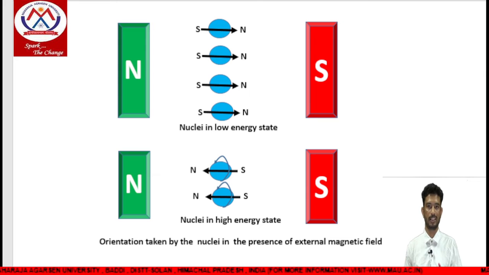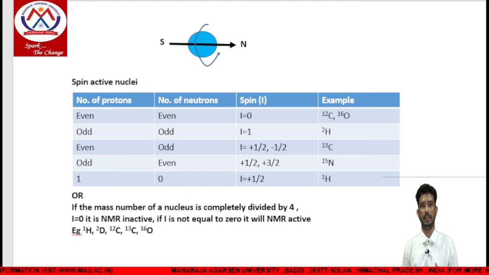For example, if we have 100 nuclei, not all of them arrange themselves in the direction of the applied magnetic field. Some of them repel, meaning they are in the opposite direction to the applied magnetic field, and such nuclei are in a high energy state.